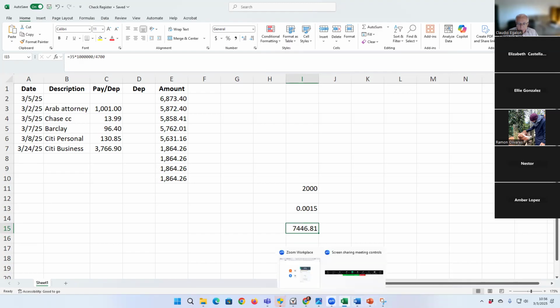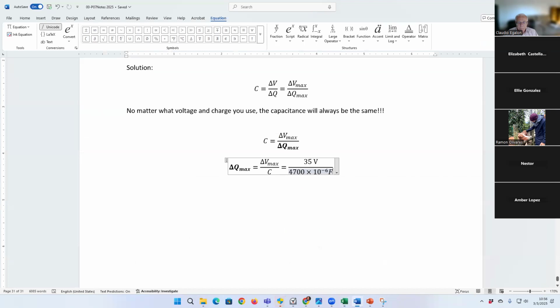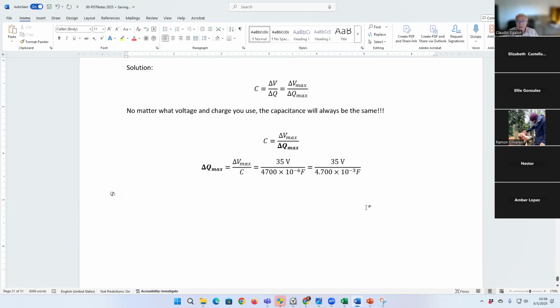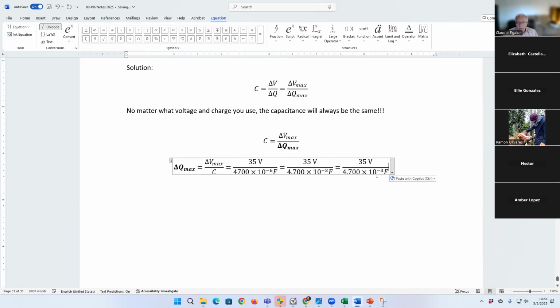Okay. I can even simplify: 4.7 becomes 10 to minus 3, and when 10 to minus 3 goes upstairs, it becomes 10 to the cube.